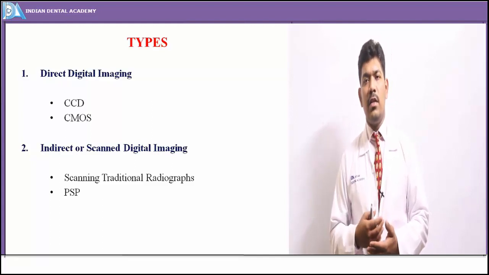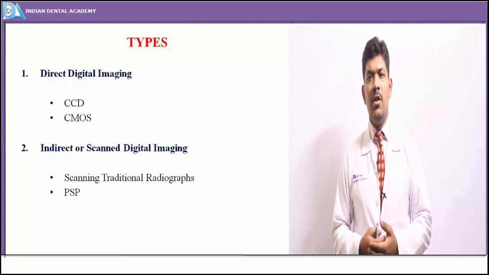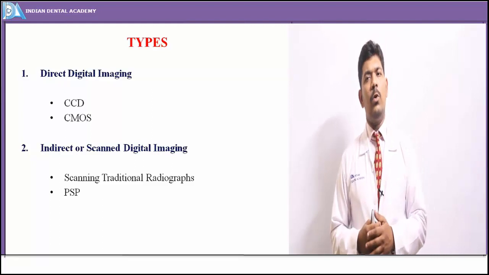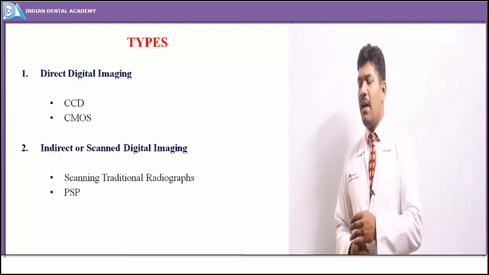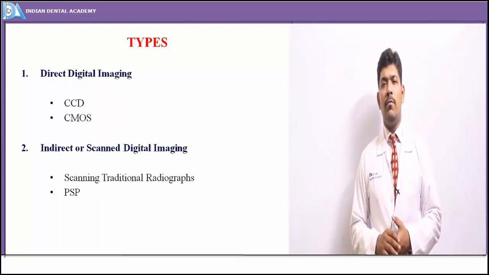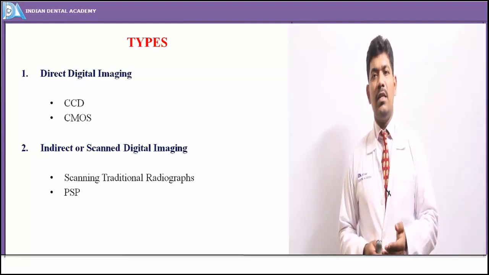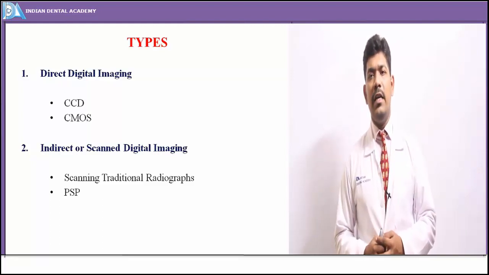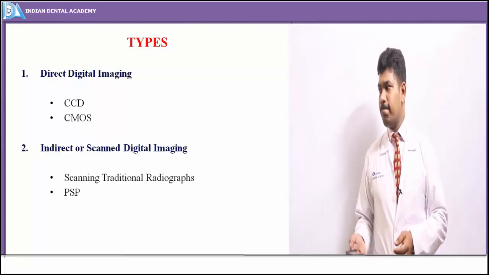We can transfer these digital images via soft copies to other specialists or physicians, so that time-dependent loss of image characteristics is negated totally by scanning these traditional radiographs. Apart from that, we also have PSPs, also known as photostimulable phosphors. This is the other kind of indirect digital imaging, the process of which I'll talk about a little later.